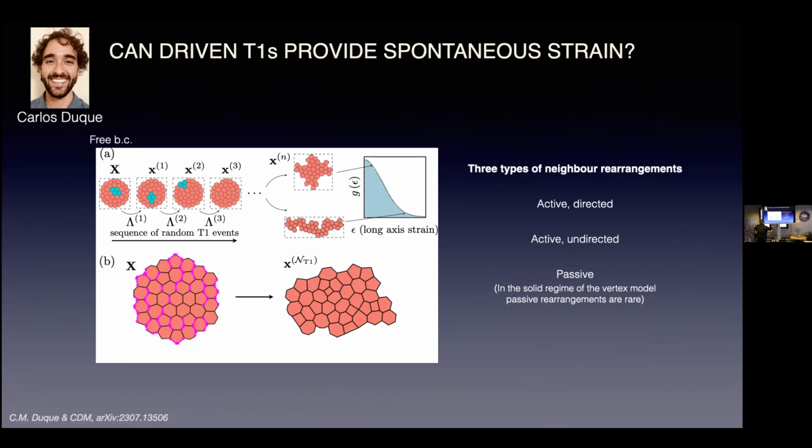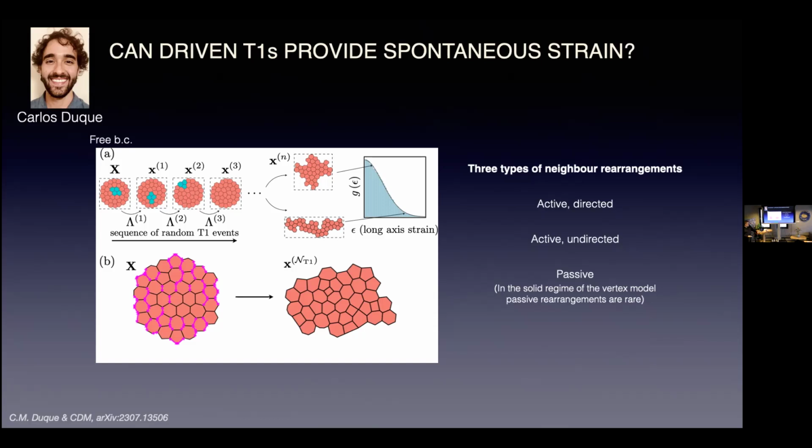Now, we work primarily deep in the solid regime of the vertex model. If you're close to the solid-fluid boundary in the vertex model, then sometimes these things avalanche, right? You get one rearrangement and that rearrangement causes another, and another, and another during the relaxation. But that's a property of being either in the fluid regime or very close to the fluid transition.